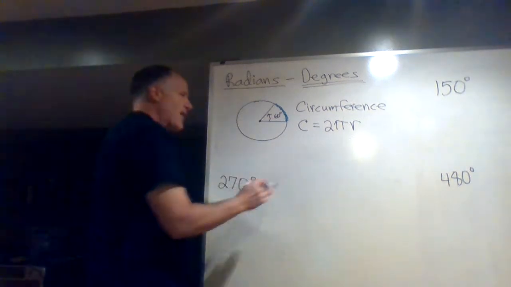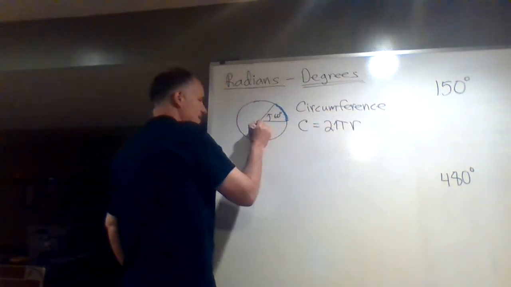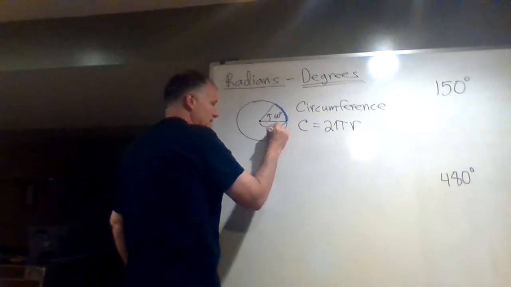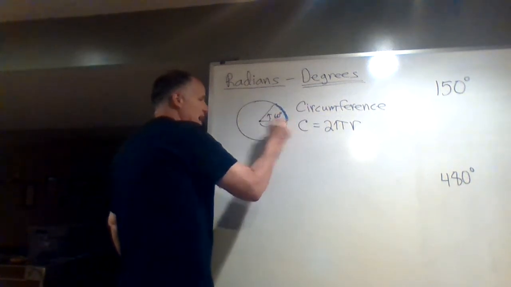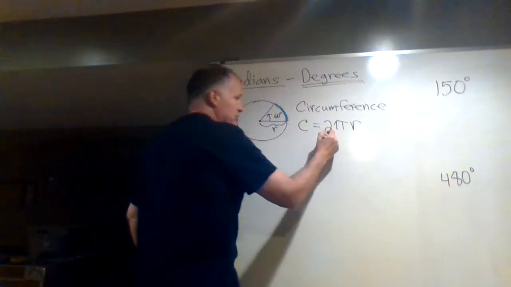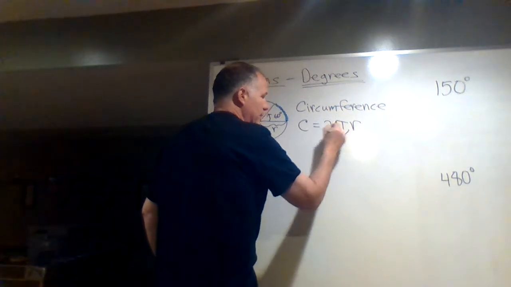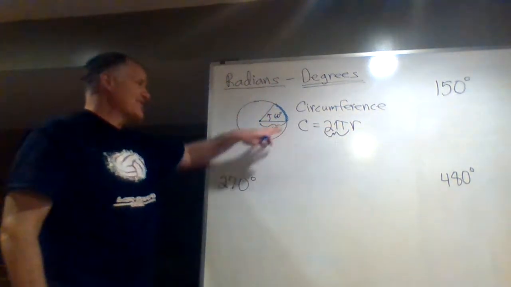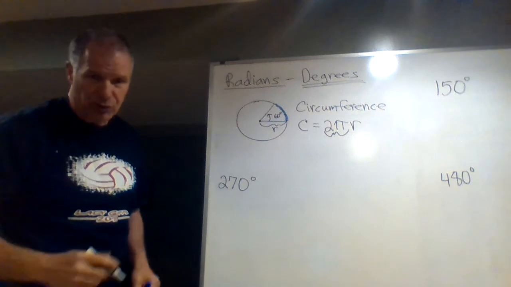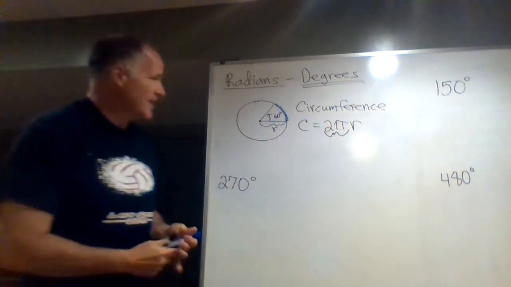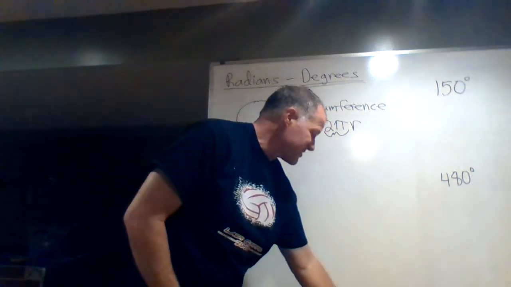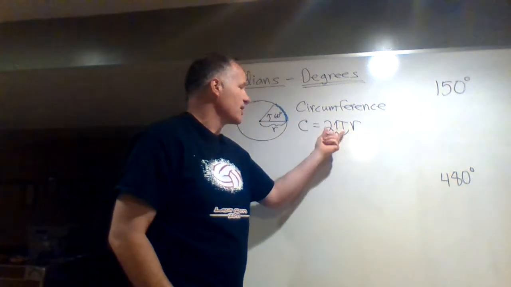Obviously, r is the radius, like how far this is. The radius goes with the distance around the circle, and really 2 pi represents the distance around the circle. It's obviously not degrees. It doesn't say 360 r, it's 2 pi.